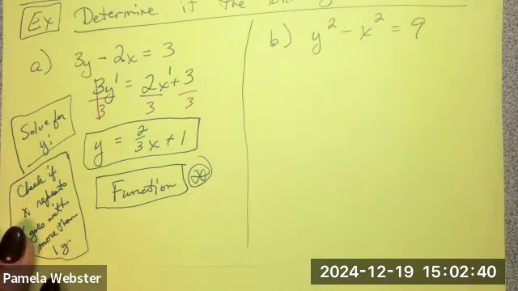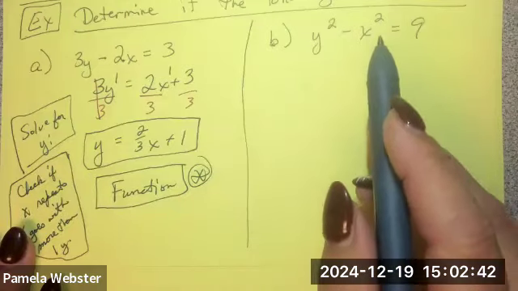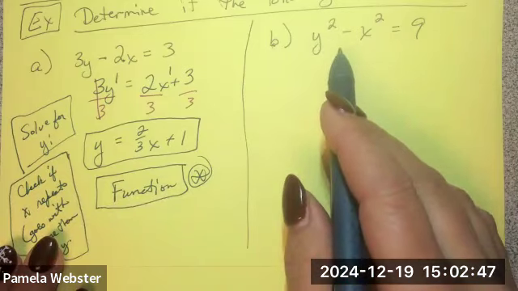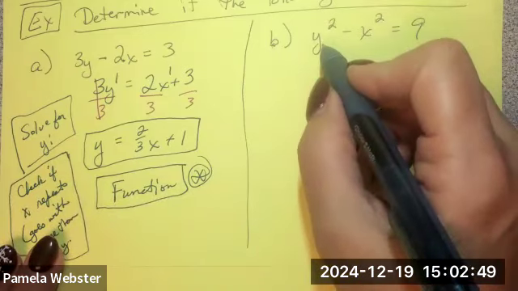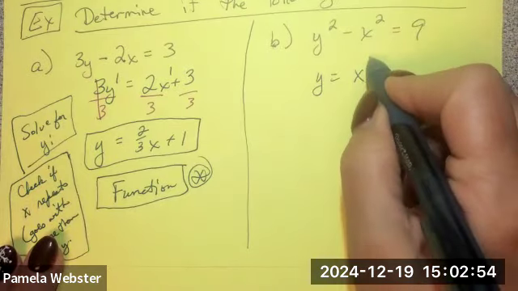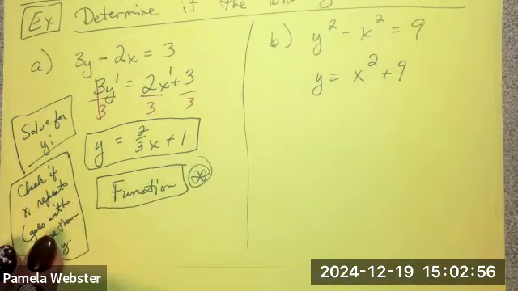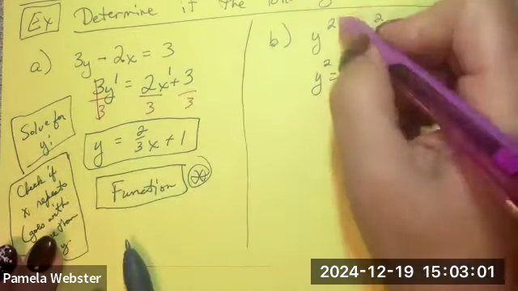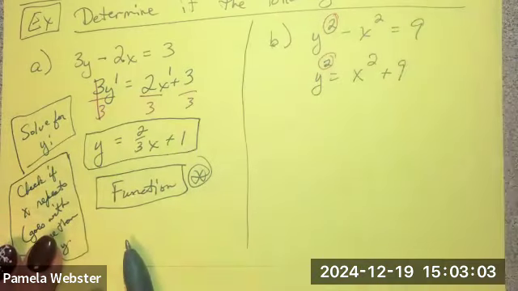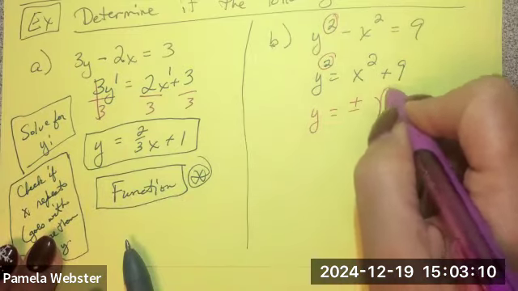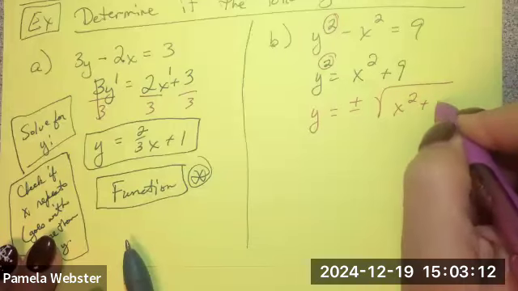But over here on the other side, we've got a bit of a problem. I need to solve for y, so I add the x squared: y squared equals x squared plus 9. But now I see, hang on a second, the y's are squared. To get y by itself, I need to take the square root of both sides, which means plus or minus the square root of all that stuff on the right-hand side.